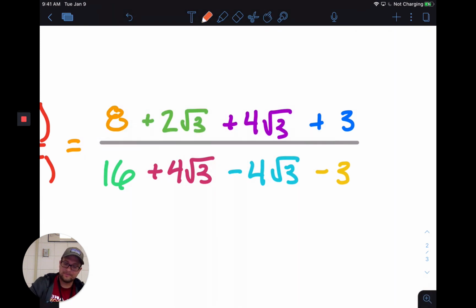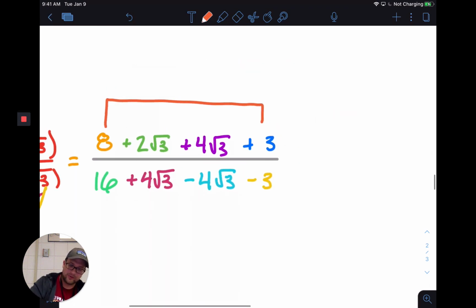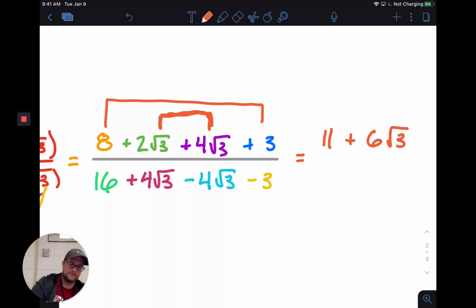So let's just start simplifying. Let's start up top. Here, 8 and 3 can be added together to give us 11. Those are like terms. We also have like terms right here because they have the same radical. 2 square roots of 3 plus 4 square roots of 3 would give us 6 square roots of 3.